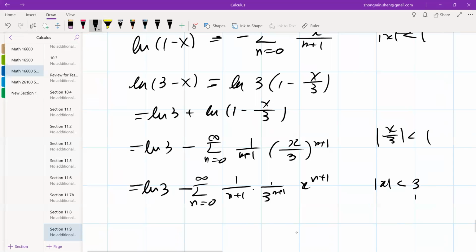This is the radius of convergence. If you just look at the power series, you can determine the values of x for which this power series is convergent using the ratio test or root test.